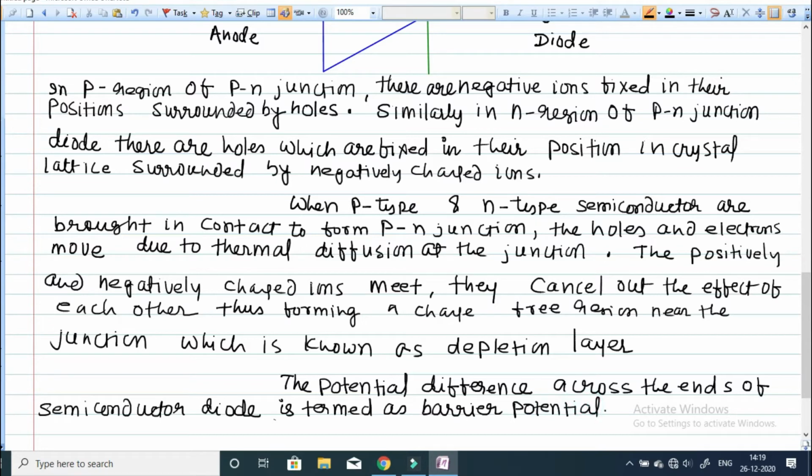So this is all about the PN junction diode. Now we are moving forward to study forward biasing and reverse biasing.